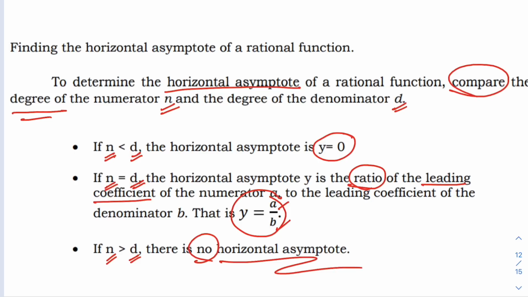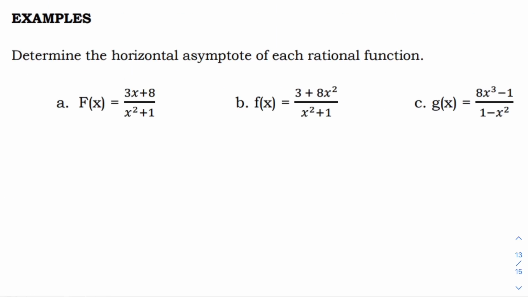Nakuha guys? So, let's have our examples. Determine the horizontal asymptote of each rational function. So, letter A, f of x is equals to 3x plus 8 over x squared plus 1. So, dito guys, by inspection, as you can see na yung degree ng ating numerator is equals to 1.